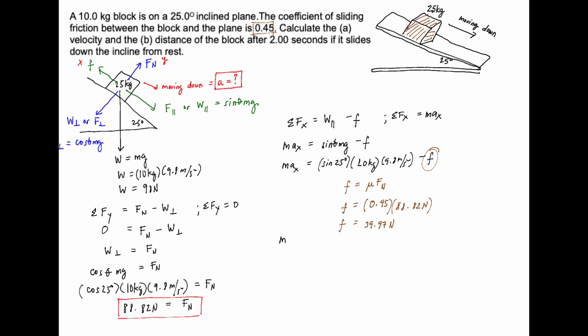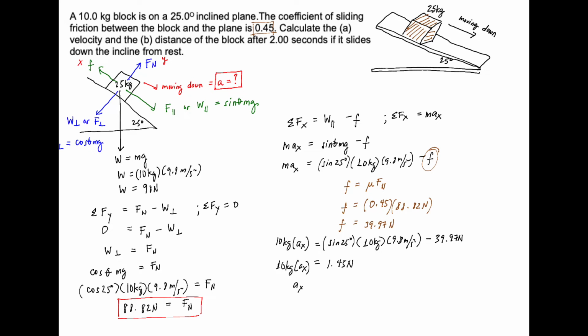We're going to have the mass, 10 kilograms, multiplied by ax, equal to sine of 25 degrees multiplied by 10 kilograms times 9.8 meters per second squared, minus the friction, which is 39.97 newtons. Solving for that, 10 kilograms multiplied by the acceleration is 1.45 newtons.